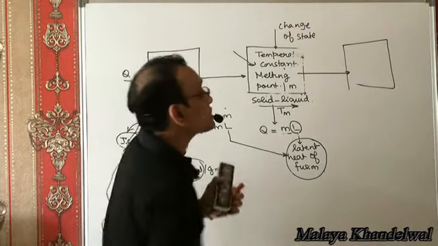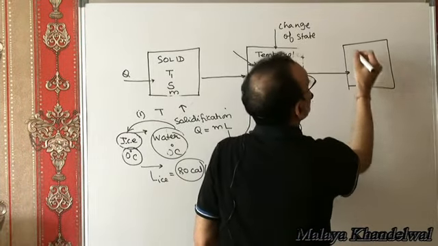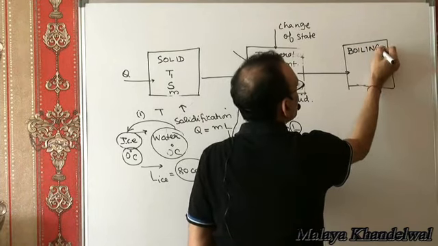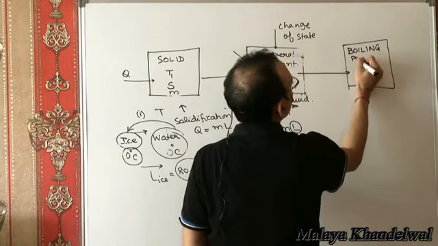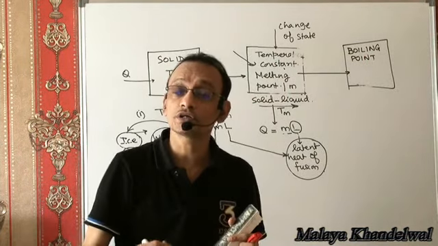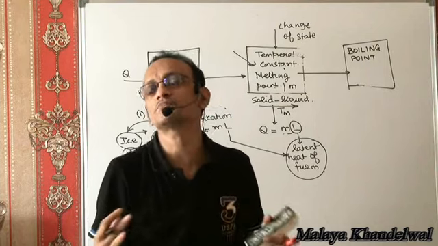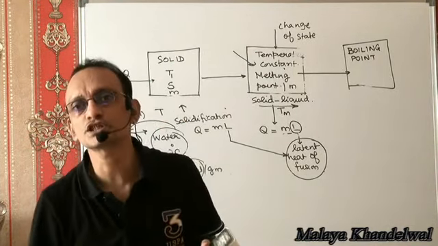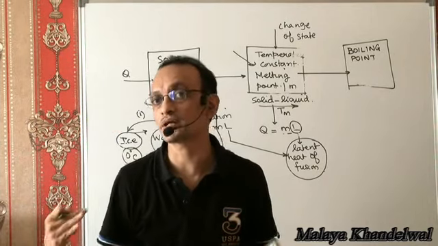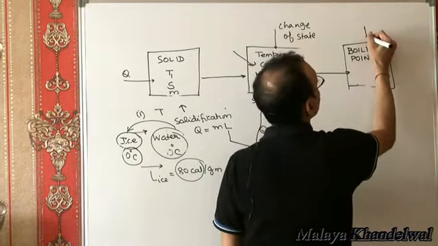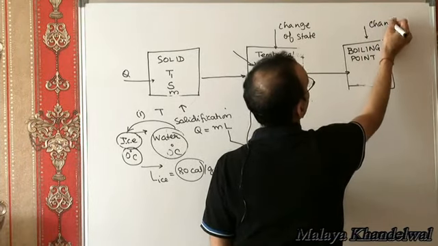It'll keep rising, but after a while, at a certain point called the boiling point, if you supply more heat, then for some time there is going to be no manifestation of heat in terms of change of temperature. Temperature remains at the boiling point.